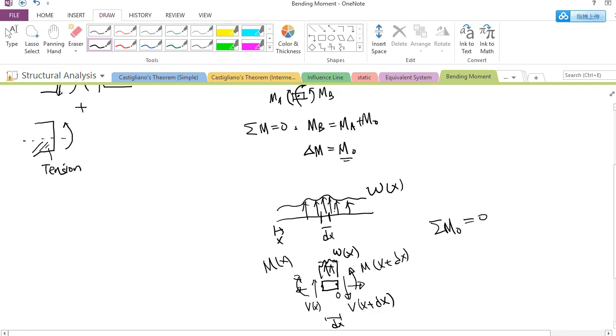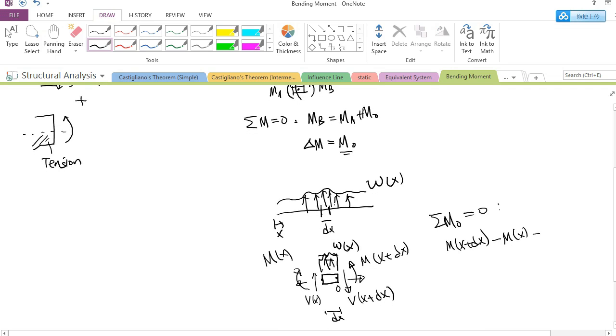So for moment equilibrium, m of x plus dx is positive because it's anti-clockwise, minus m of x is clockwise, and then minus v of x times dx, the distance is dx. This force does not create moment because I take this point.